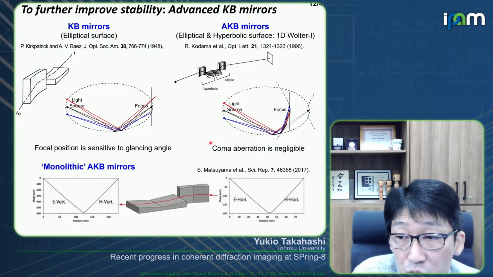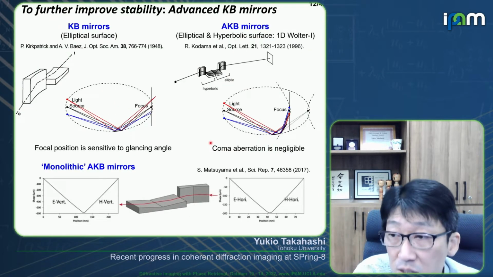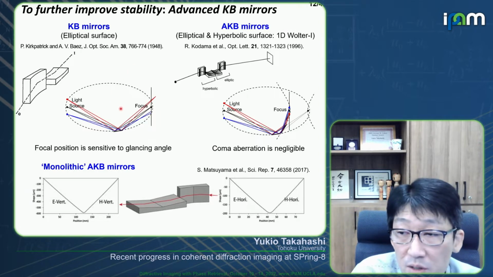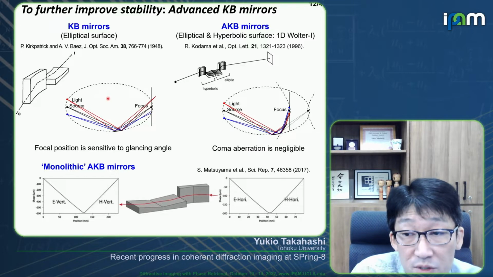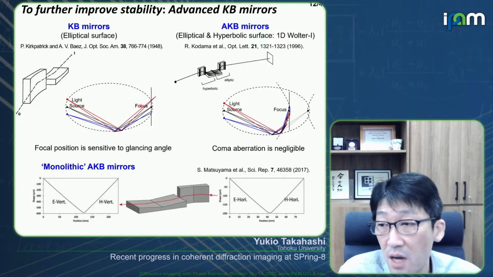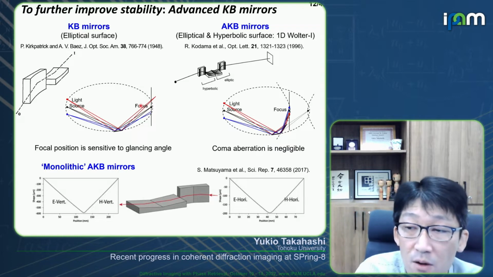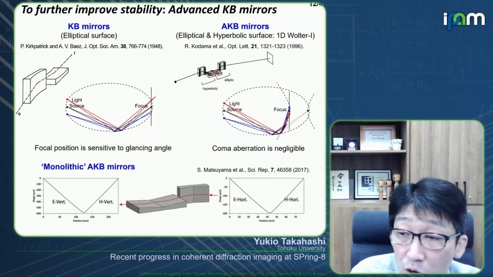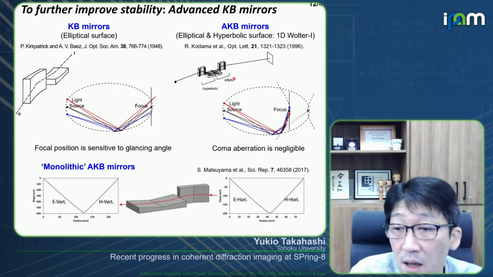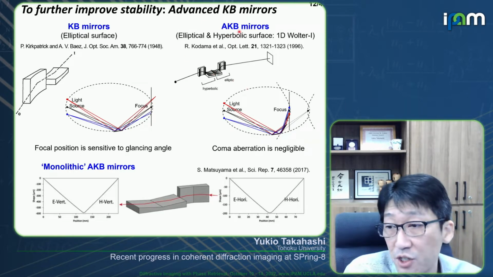So in order to further improve the stability, we developed advanced KB mirror optics for ptychography measurement. Conventional KB mirrors consist of a pair of elliptical surface shapes, and the focal position is very sensitive to the glancing angle due to coma aberration. On the other hand, advanced KB mirror optics can compensate for coma aberration by combining elliptical and hyperbolic surface shapes.